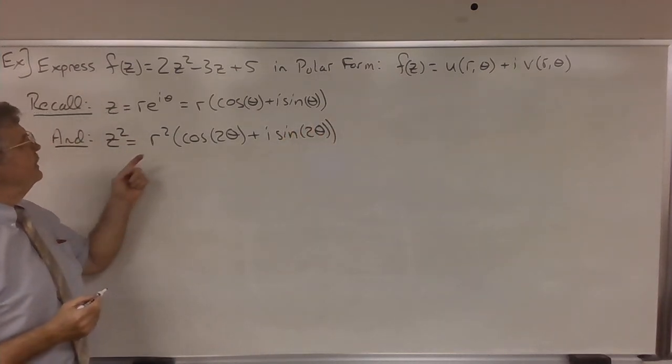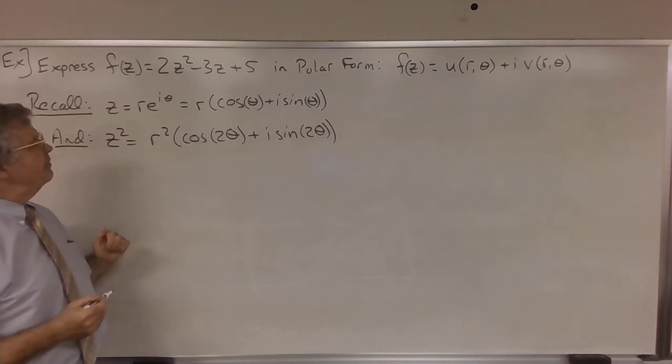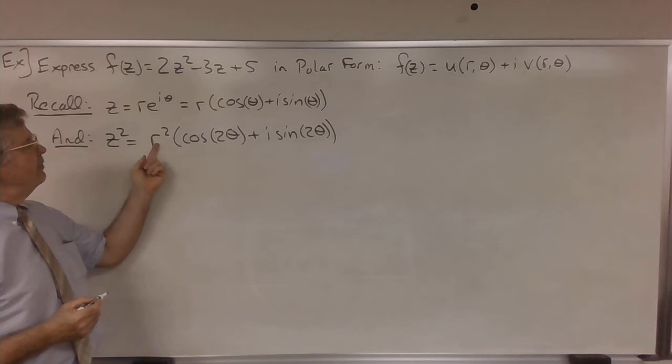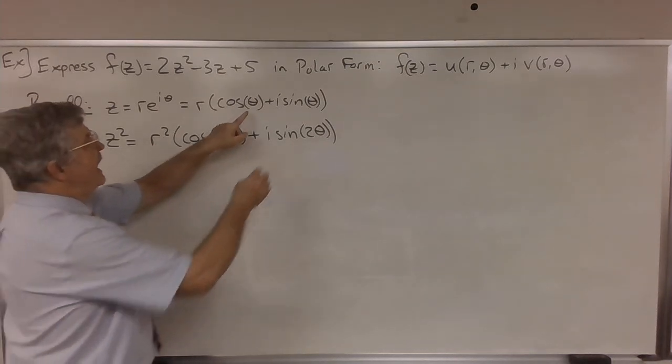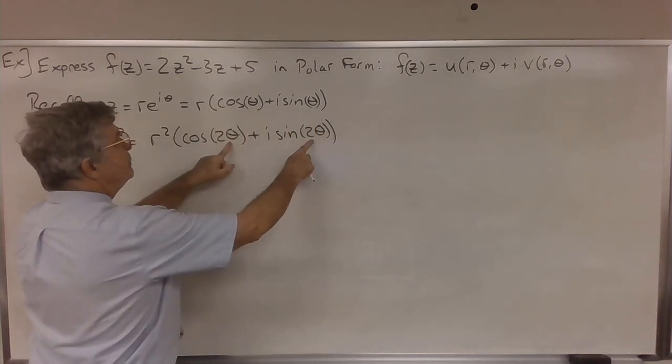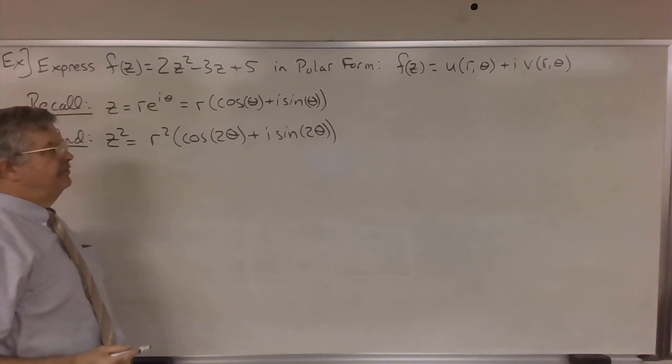And remember, if we take something in polar form and raise it to the nth power, we get the modulus raised to the nth power, and the angles are multiplied by n. So this is what happens when we square z.